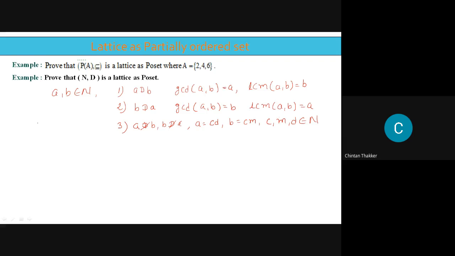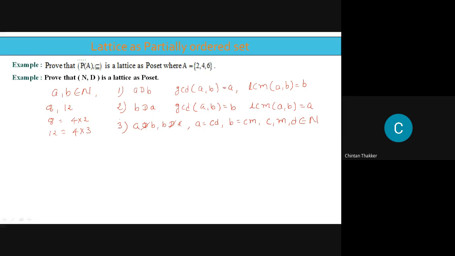If we take 8 and 12, then 8 does not divide 12, 12 does not divide 8, but 8 can be written as 4 into 2, and 12 can be written as 4 into 3. So in this case, C is 4, D is 2, and M is 3. So the third case is like this.